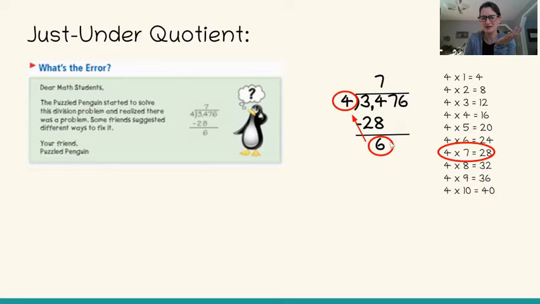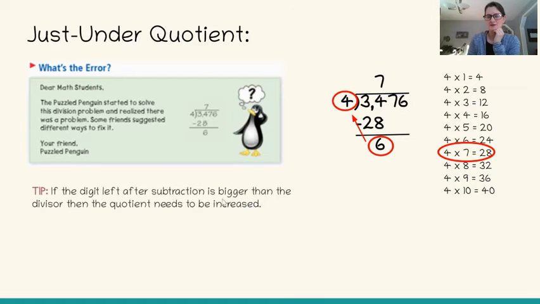And maybe some of you are thinking, if you look at 6, we're left with 6, and 6 is bigger than 4. So if I had 6 things and I was going to divide them up into 4 groups, I could still divide 4 of them into another group. So I feel like 6 could still be divided into 4 one more time.